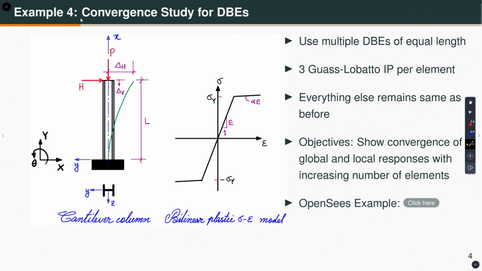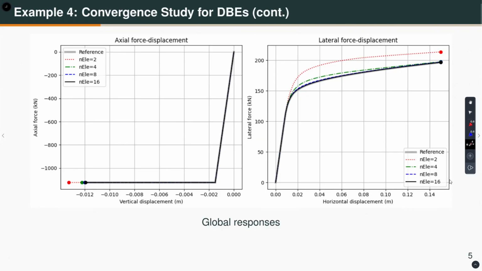The objective is to show the convergence of global and local responses with increasing number of elements. For displacement based element, if you increase the number of elements, you can get the converged solution. Let me show you the axial force versus the vertical displacement response. This gray is the reference solution, which, as I discussed in the previous lecture, I obtained using 16 force based elements, where each element has 5 integration points.